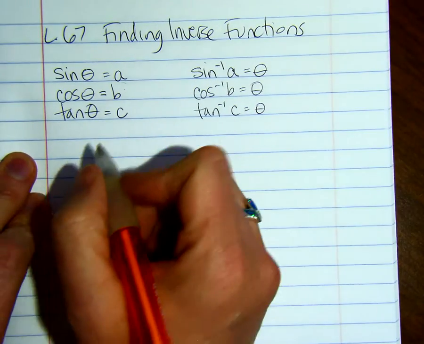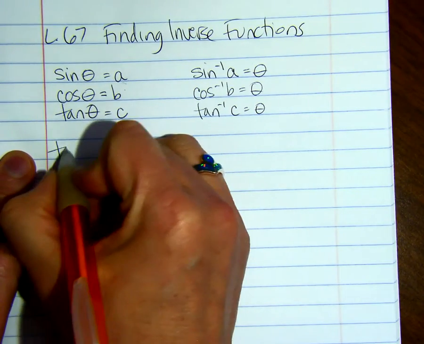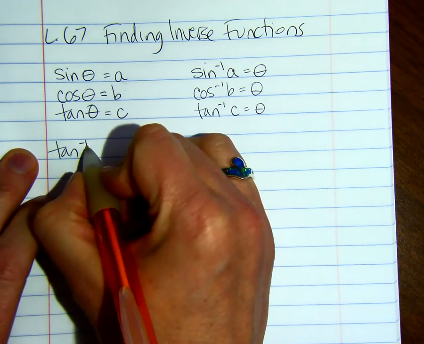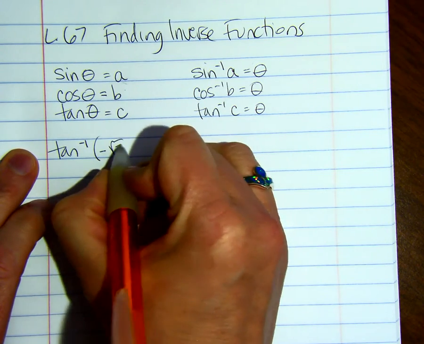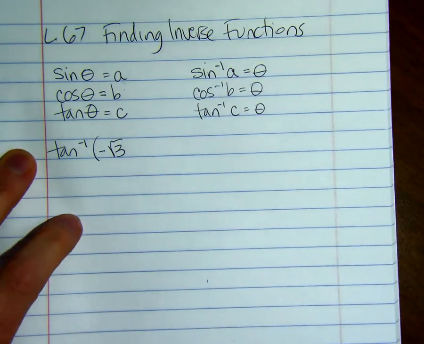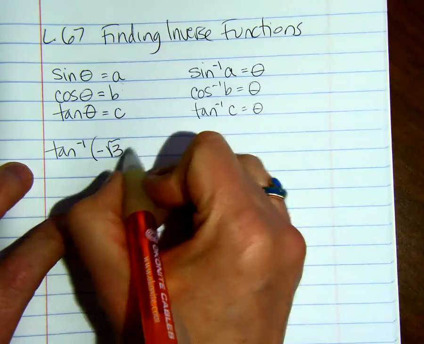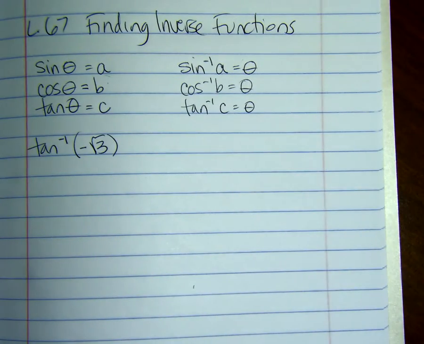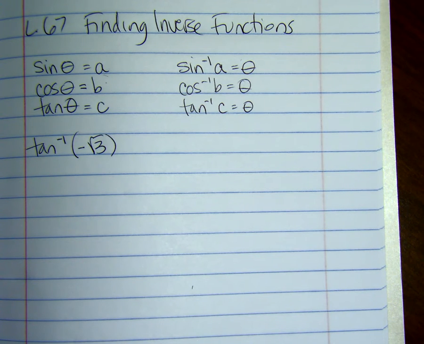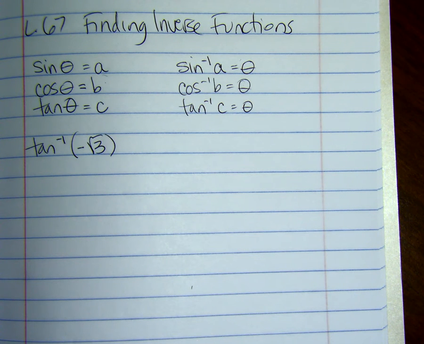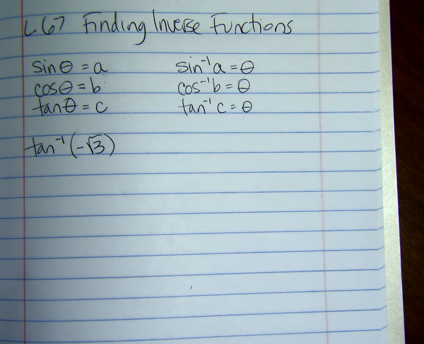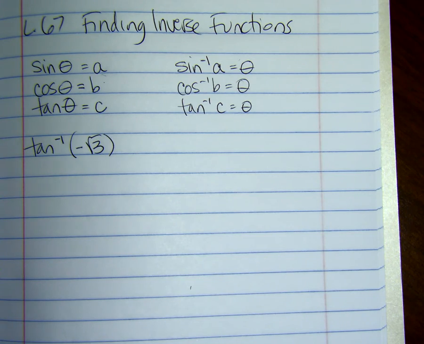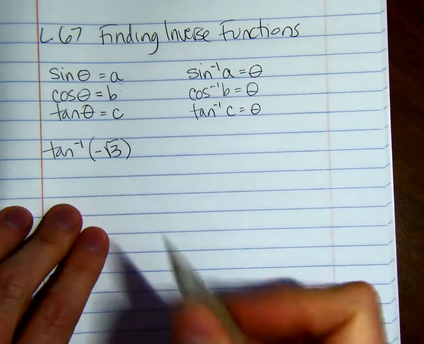So if we wanted tangent inverse of negative square root of 3, square root of 3 is for tangent. So tangent is sine over cos.